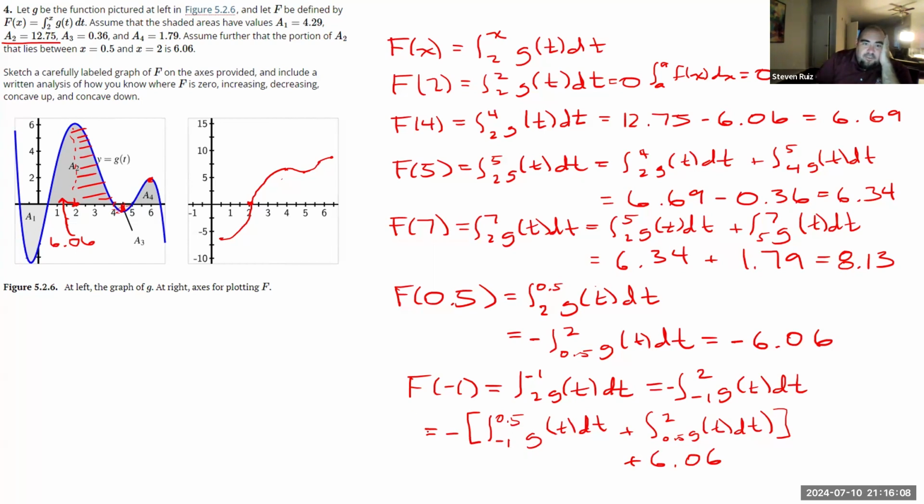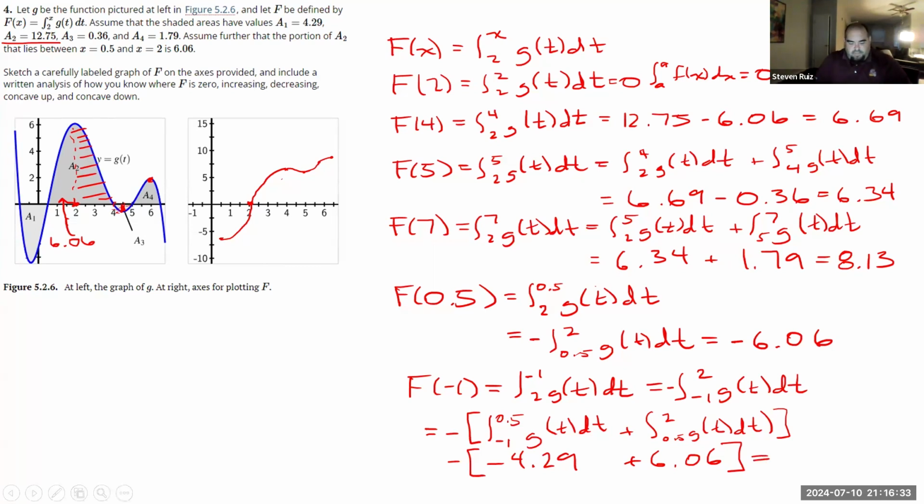That is going to come directly from the value of area 1, which I am hiding right now. That is positive. No, it's not. It is negative 4.29. So this comes out to be what?